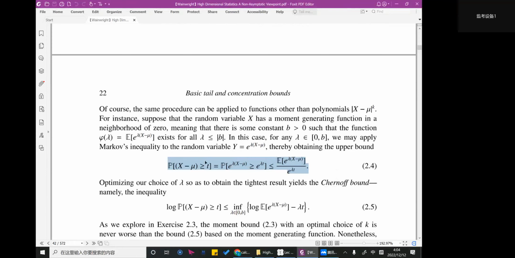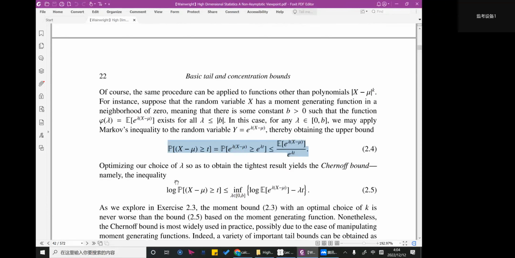Since this is the moment generating function, it gives you a parameter named lambda. We can choose the value of lambda, since this inequality holds whatever the value of lambda is.